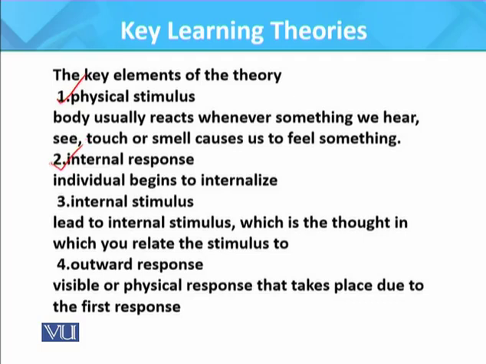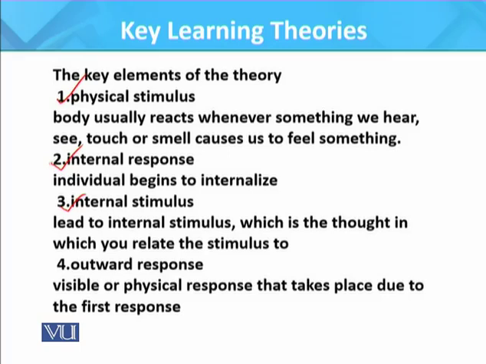After physical stimulus, the individual begins to internalize what the physical stimulus is, and then he or she takes it to internal stimulus. Now that internal response becomes internal stimulus through the understanding of that response, which is the thought in which you relate the stimulus to.